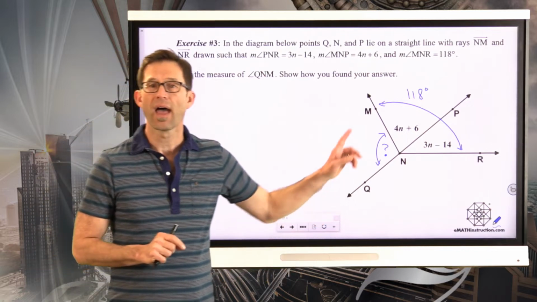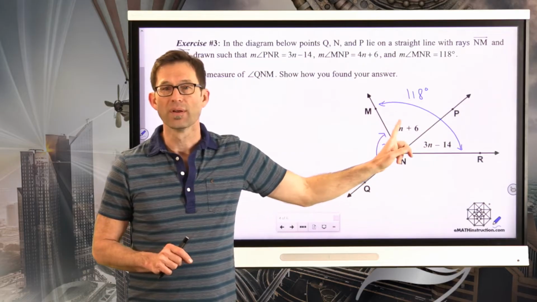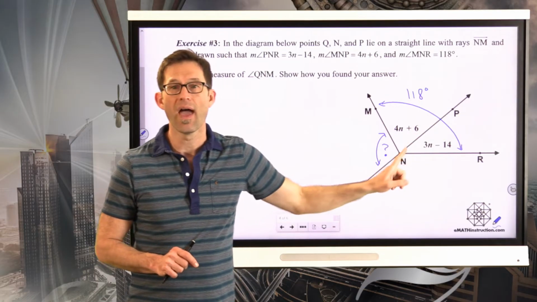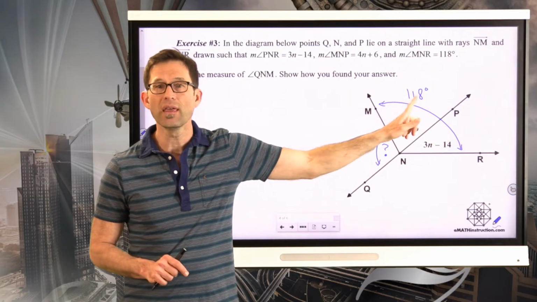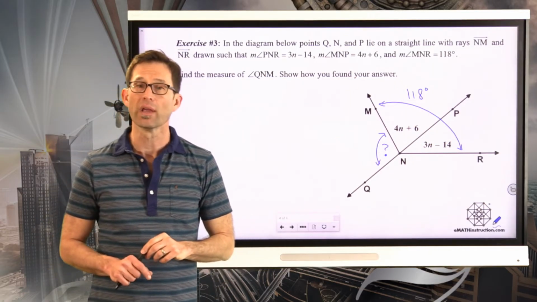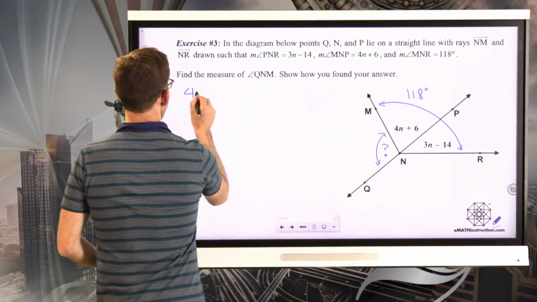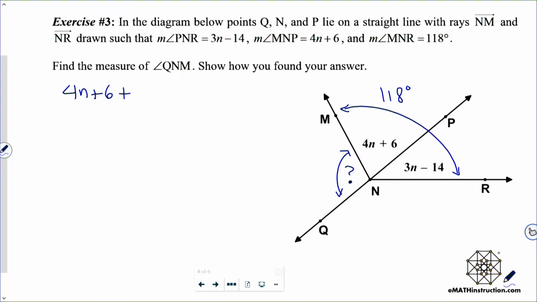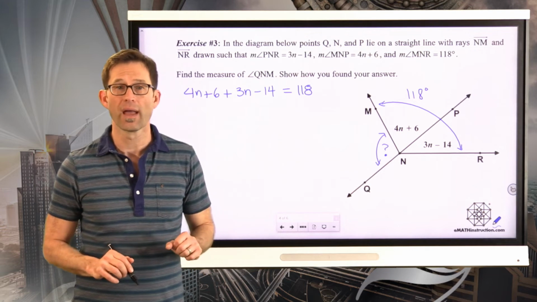Because angle MNP, 4n plus 6, and angle PNR are two adjacent angles that when put together give us that 118 degree angle. So we can literally say 4n plus 6 plus 3n minus 14 is equal to 118. Those two angles, when added together, will give us that 118 degree angle.